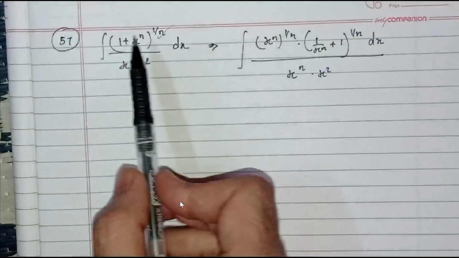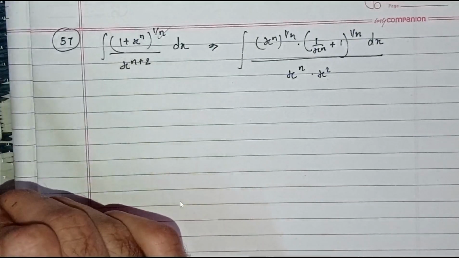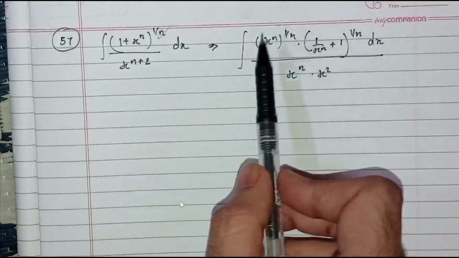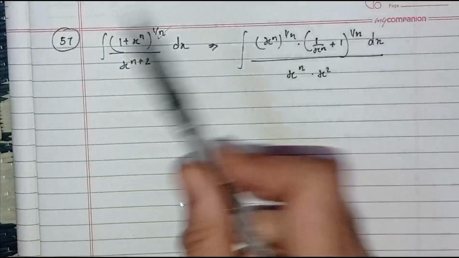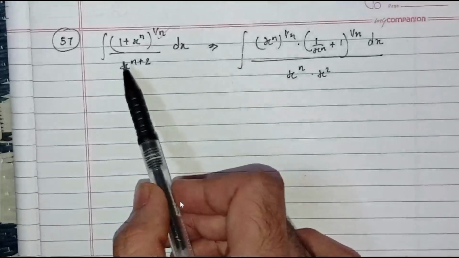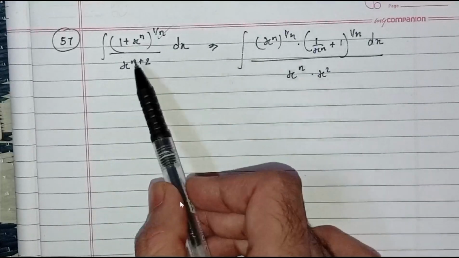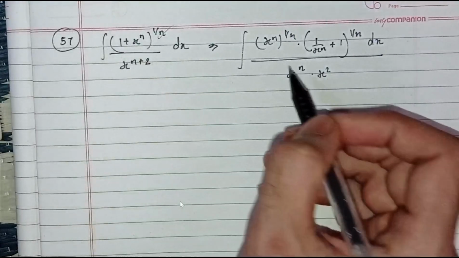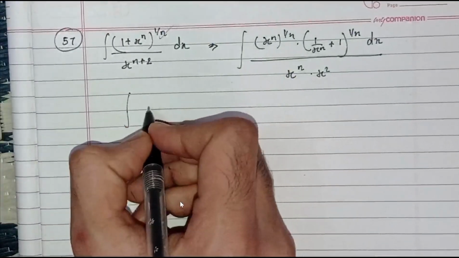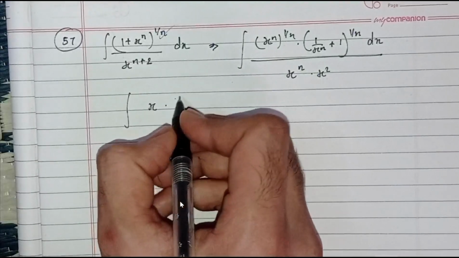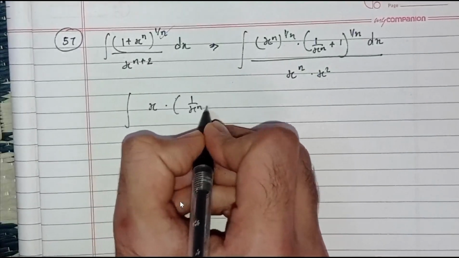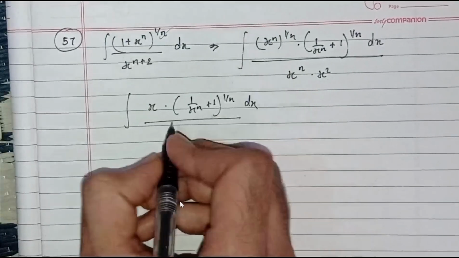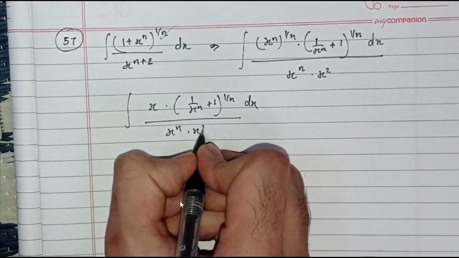So I have taken x^n outside, so it will become x in bracket (1/x^n + 1)^(1/n), and in the denominator I have separated x^(n+2) as x^n times x^2. Now this will become x times (1/x^n + 1)^(1/n) dx upon x^n times x^2.